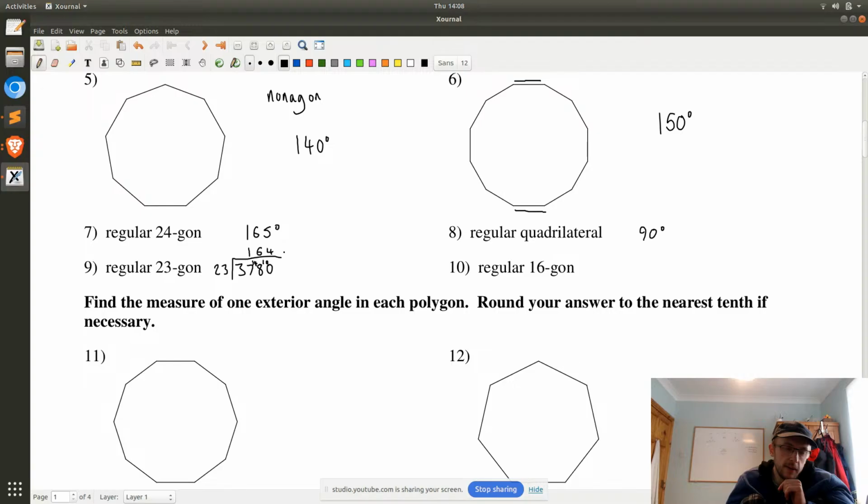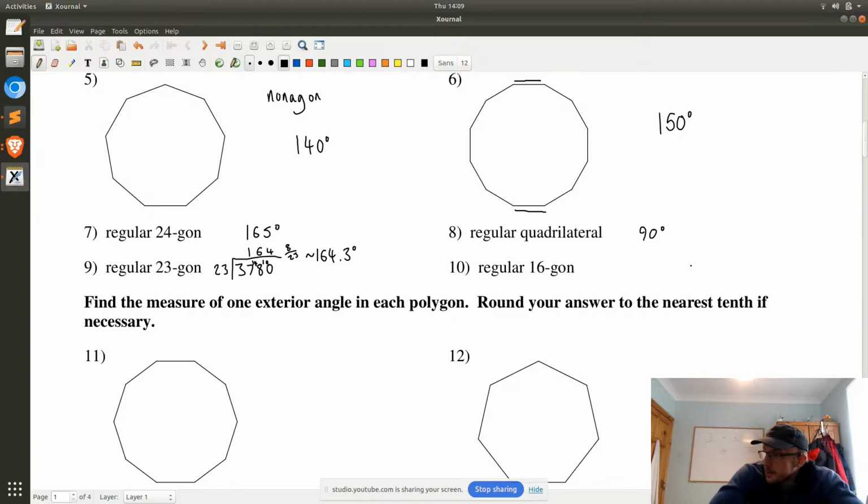And the remainder is 8. So it becomes 8 over 23. And 8 over 23 is approximately a third. So roughly speaking, it'll be 164.3 degrees.